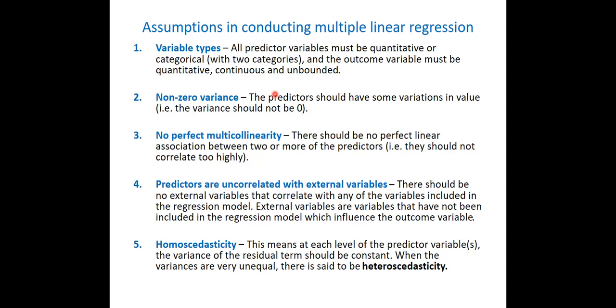So anything that is bounded, like something on a Likert scale, is not appropriate as an outcome variable. Rather put that in the realm of logistic regression. Just know that the outcome must be quantitative, continuous, unbounded. The exposure can be anything. When the exposure is continuous, no problem. When it is categorical, you have to create a dummy so that it will be 2 categories.